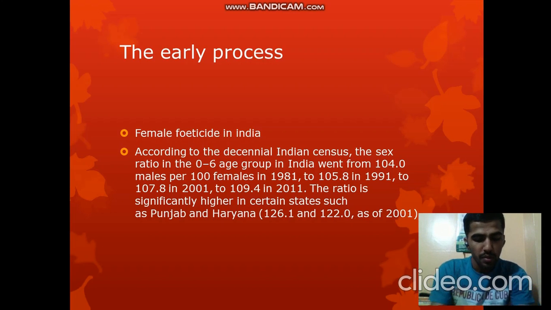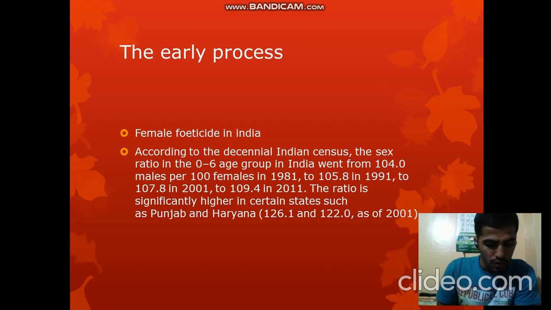There was a tendency for families to continuously produce children until a male is born, and social discrimination against women and preference for sons have promoted female foeticides. This act also mandates compulsory registration of all diagnostic laboratories, genetic counseling centers, and ultrasound clinics, etc. All these came under this act and were regulated.